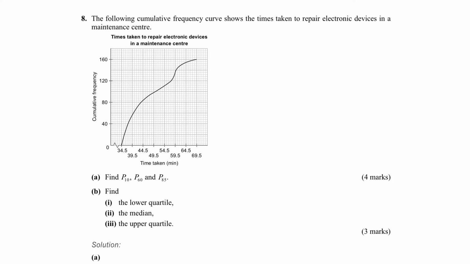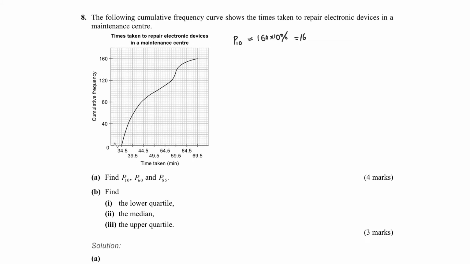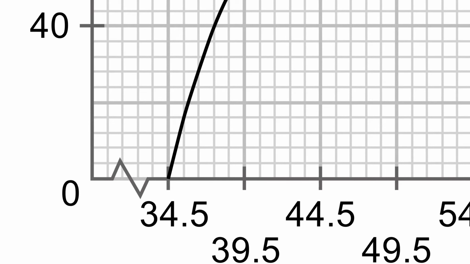For this one, P10, the mean 10%, you find out the position, which you draw from 16. So look at this one, now you know it. That should be where you put the place. So that will equal 35.5.